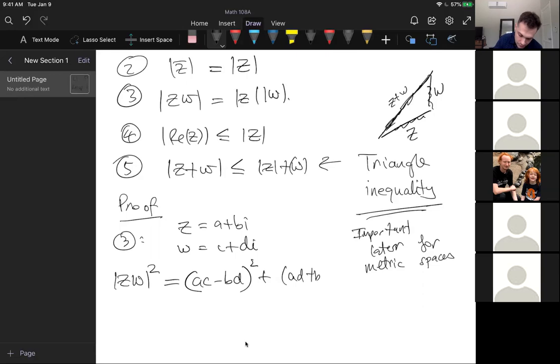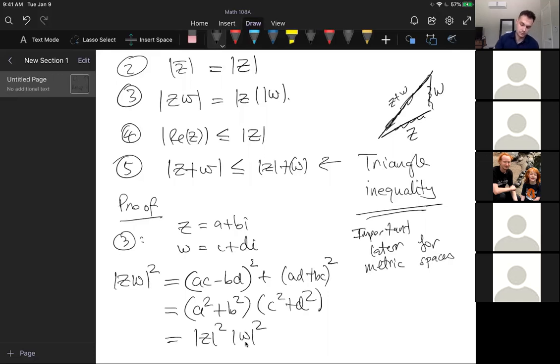If you expand out and refactorize, you get (a squared plus b squared) multiplied by (c squared plus d squared), and this is indeed the norm of Z squared times the norm of W squared.